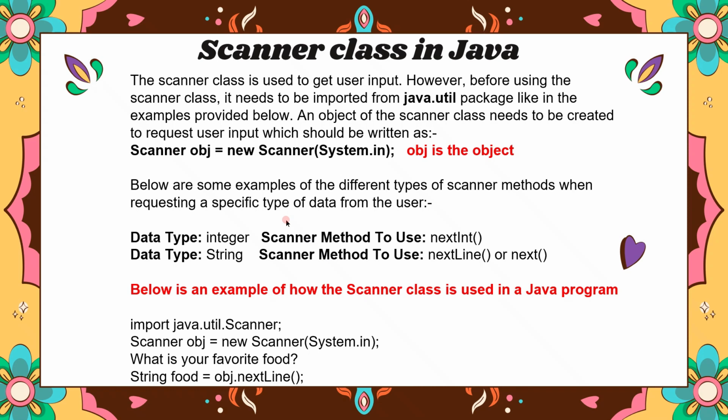So if you were to ask the user for information that was text-like or alphanumeric in nature, or numbers that did not contain decimals, then what would be the right Scanner method to use to receive those inputs? Well, for integers, the Scanner method to use would be called nextInt. For String, the Scanner method would be either nextLine or next. So either of these two receives input from the user that is a String data type.